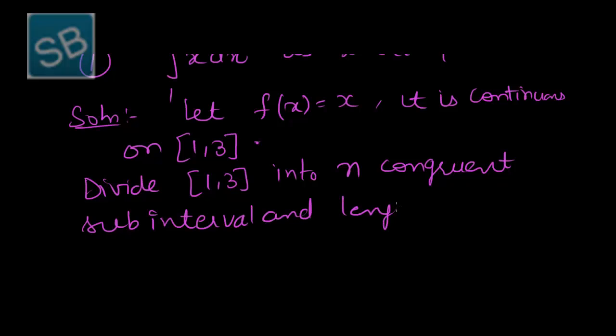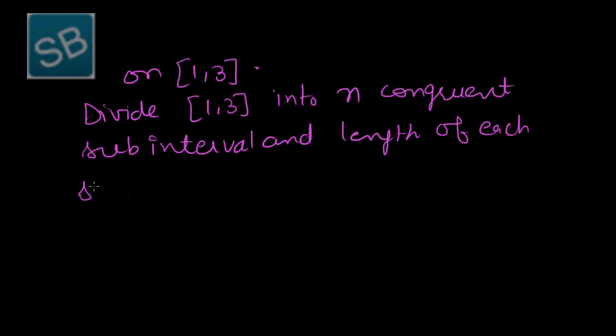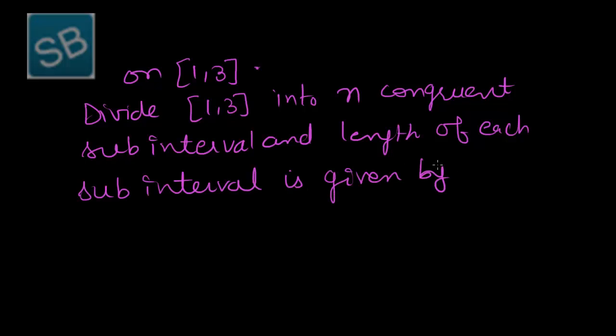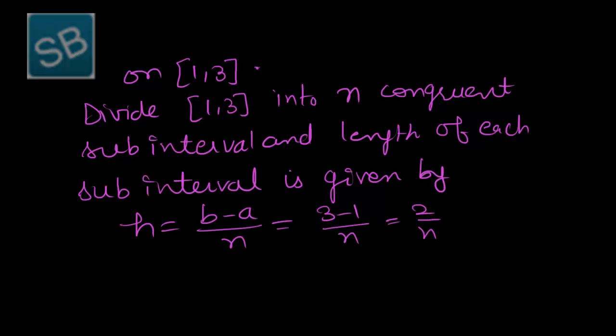The length of each subinterval is given by h is equal to (b minus a) over n, that is (3 minus 1) over n, that is 2 over n.